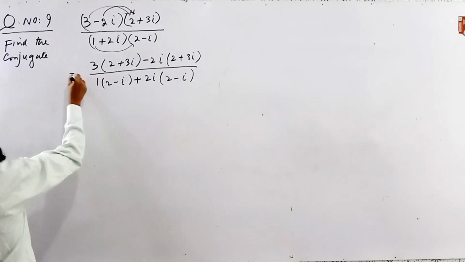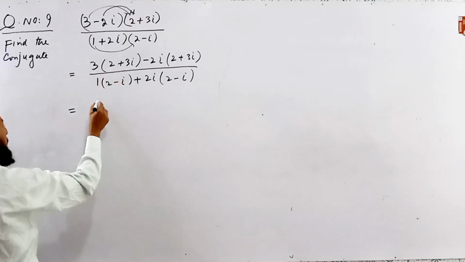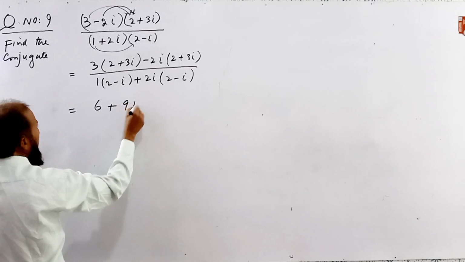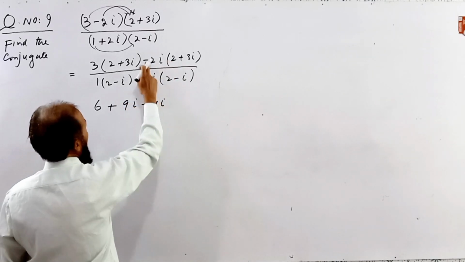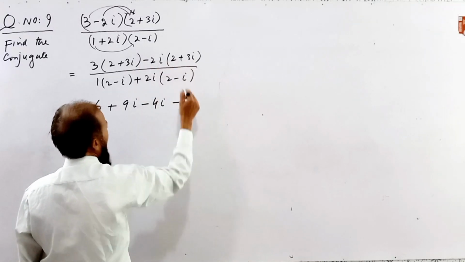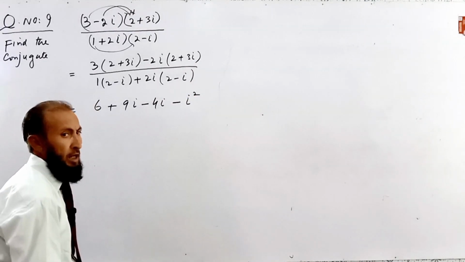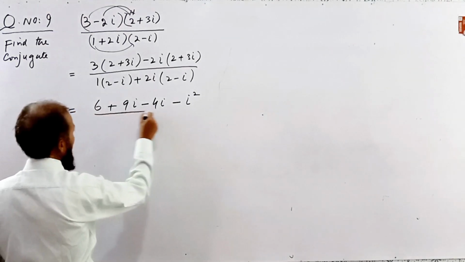Now similarly we open the same terms: 3 multiplied by 2 is 6, plus 3 multiplied by 3 is 9i, minus 2 multiplied by 2 is 4i, minus into plus minus, i into i is i square, because the same variable, so we add the exponents according to the exponent rule.